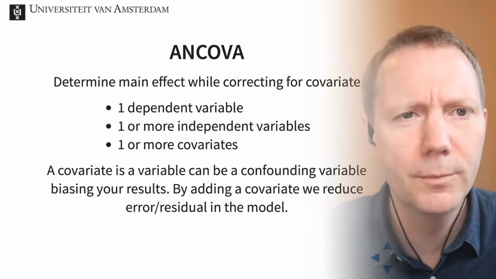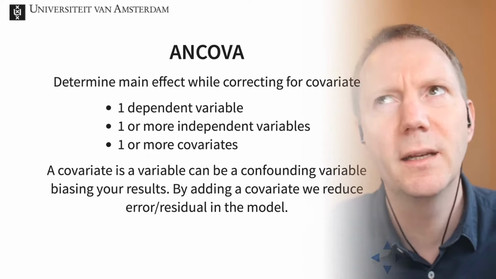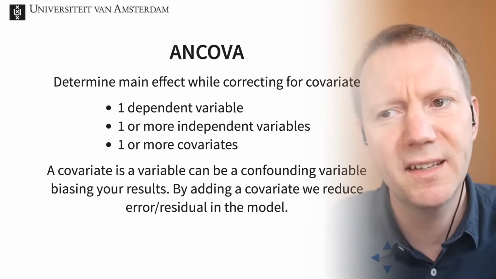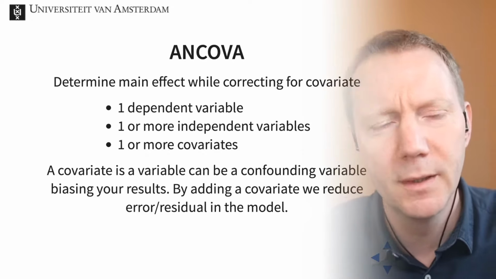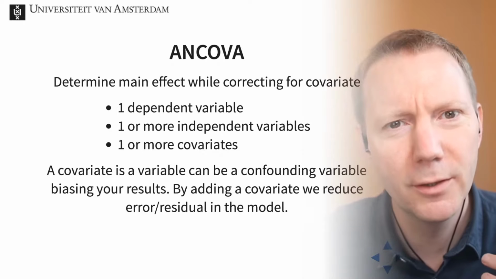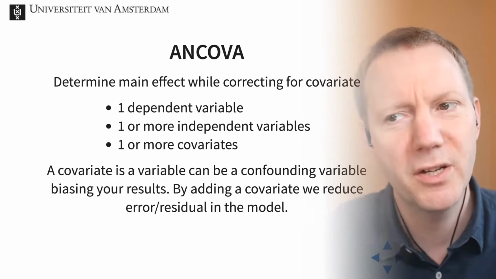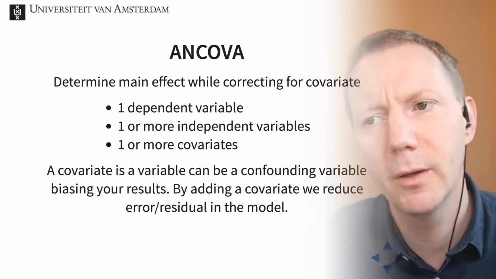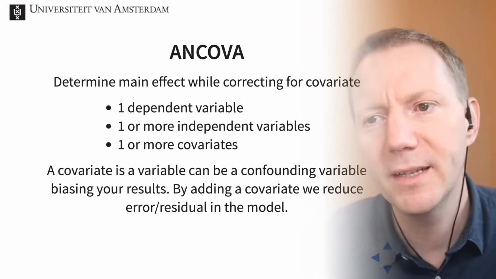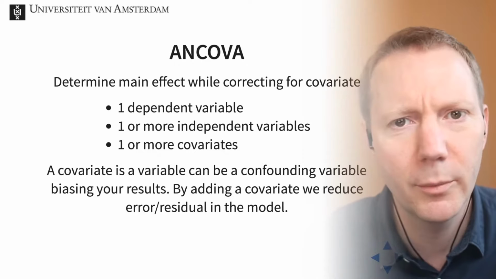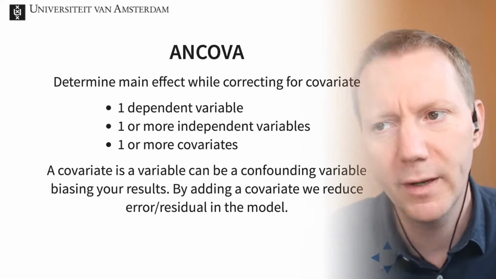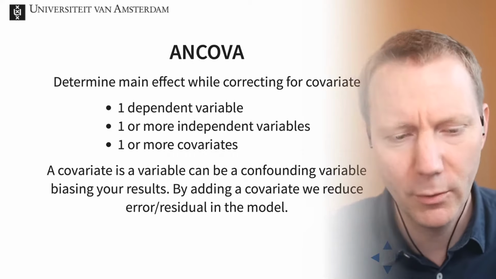You can put it more in a research design setting, where you know that there is some variable biasing your view on the thing you want to measure. If you know that such a variable exists, then you can apply this. So it's essentially a confounding variable that you have to correct for. And if you know this exists, the ANCOVA is the way to go to correct this.